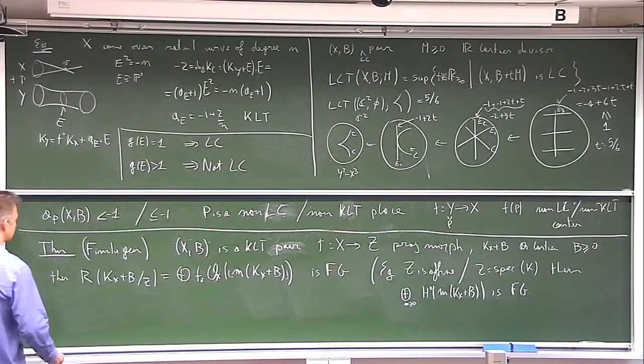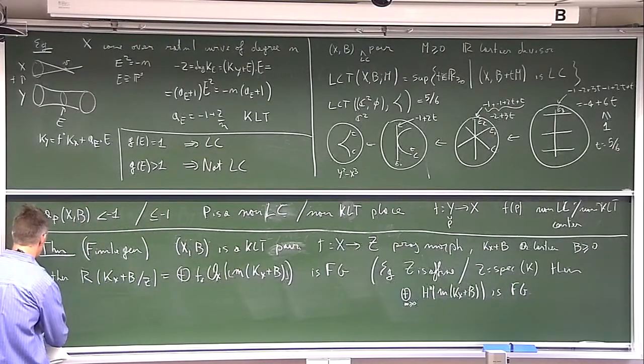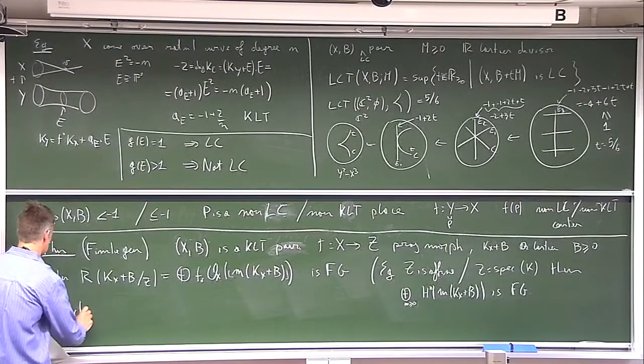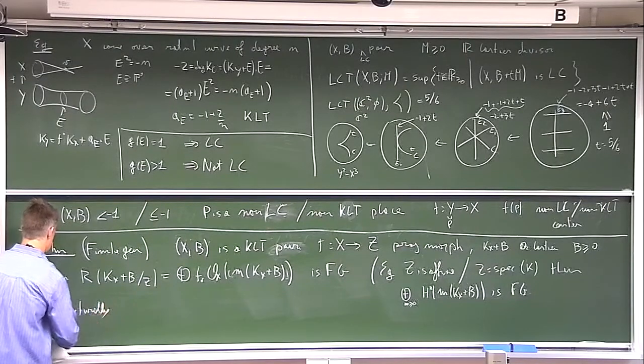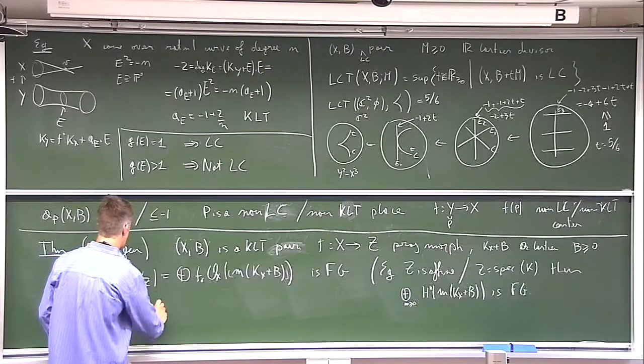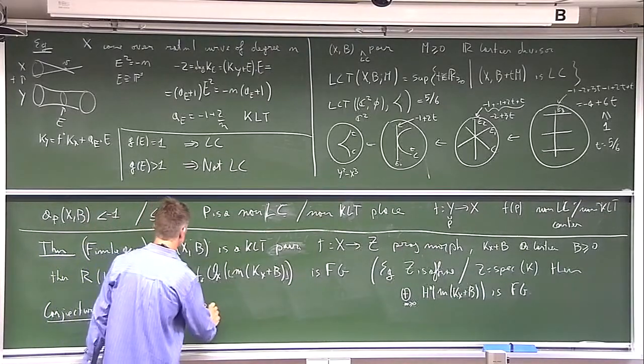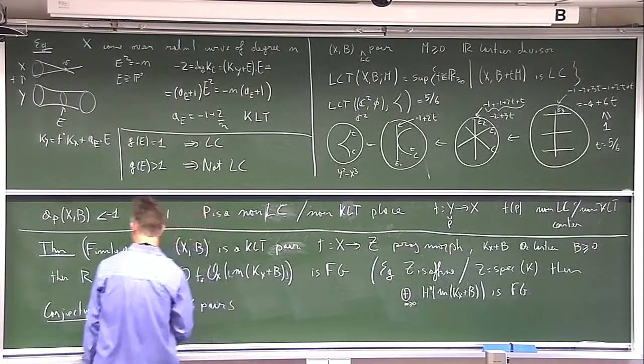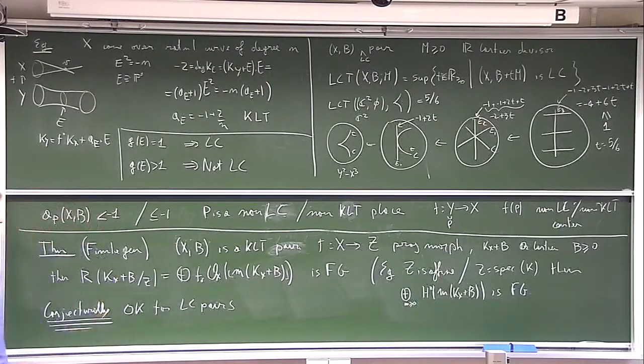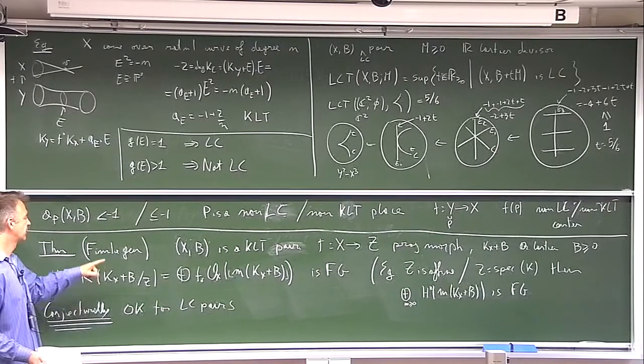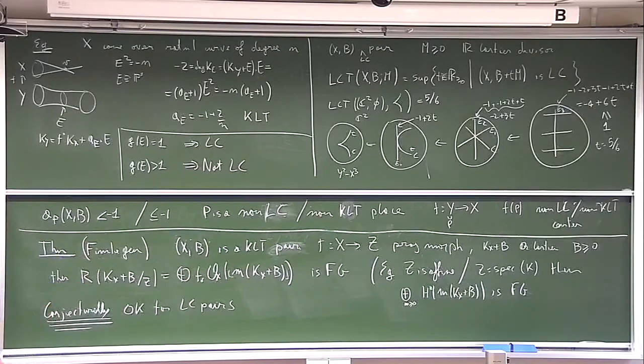Now, conjecturally, this should also be okay for log canonical pairs. But I really need to emphasize conjecturally. This is a very deep conjecture. If I remember correctly, it's equivalent to the abundance conjecture, or at least very close to it. So it seems like a very small step to go from Kawamata log terminal to log canonical.